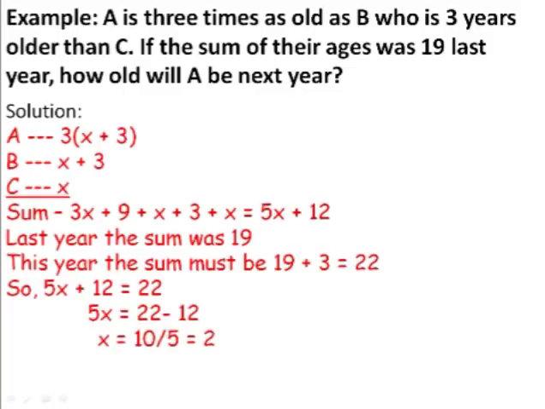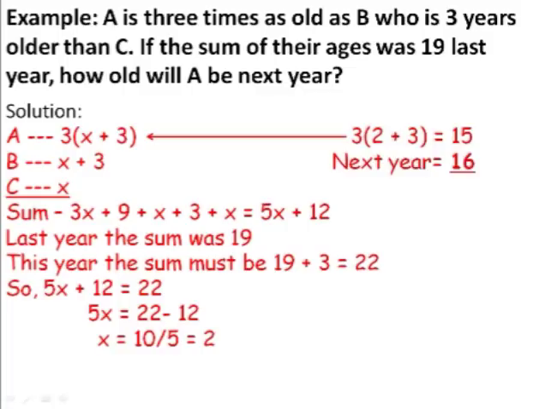It means we know the age of C, which is 2 years old, but we are interested in the age of A, so we'll put this 2 in 3 times X plus 3, so it will become 3 into 2 plus 3, which is equal to 15. This is A's age now. How old will he be next year? 1 year more, that is 16 years.